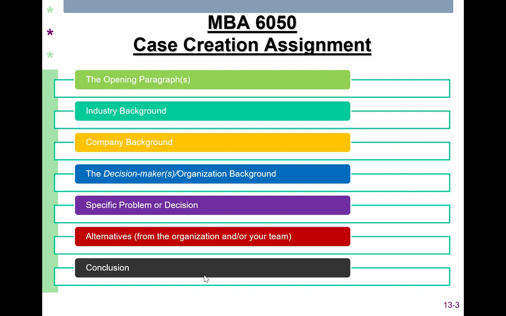And this conclusion is just a quick blurb about what you learned, the experience, but also indicate two case questions. Now, I'm going to show you a rubric here shortly, which will break these down a little bit more in detail.